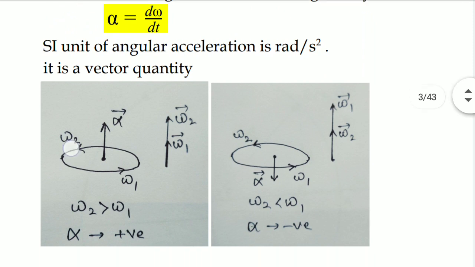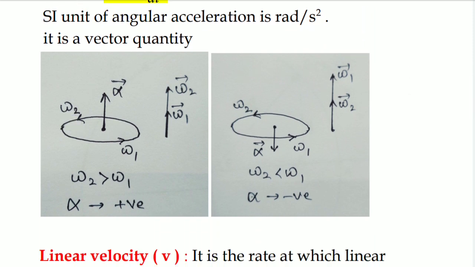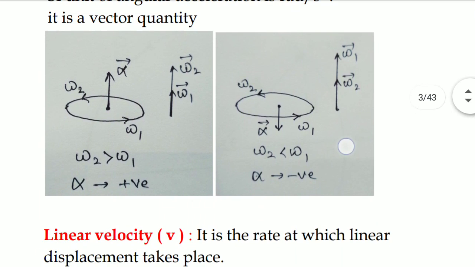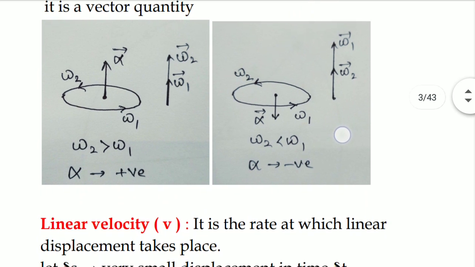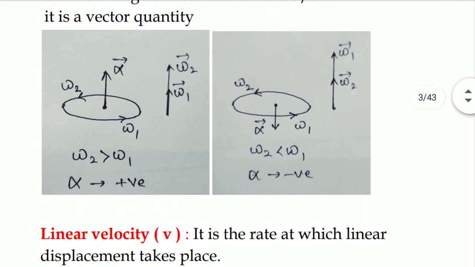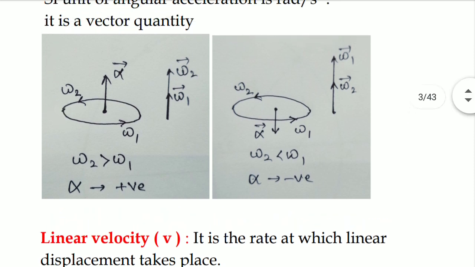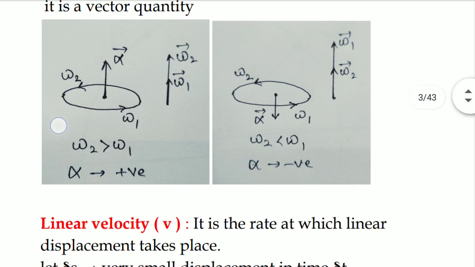Now it's a vector quantity, whereas if I have to decide what is the direction of omega, what is the direction of alpha, angular acceleration, I have to be a bit careful deciding that if at all the particle's angular velocity keeps increasing with time, then omega 2 is greater than omega 1 as shown in this figure 1, and then alpha is positive, alpha will be in the direction of omega.